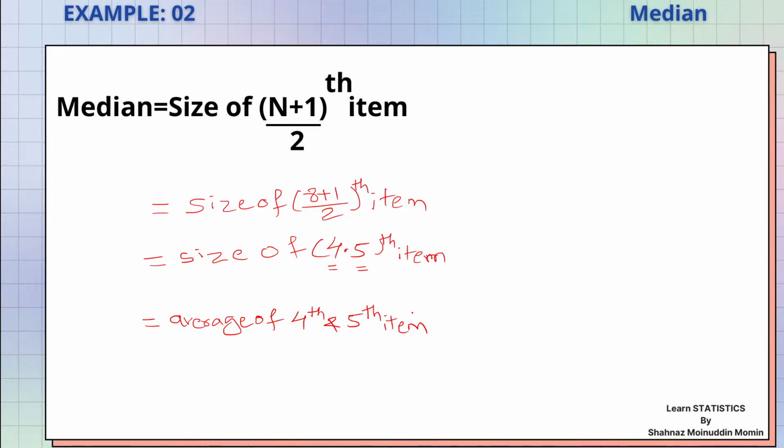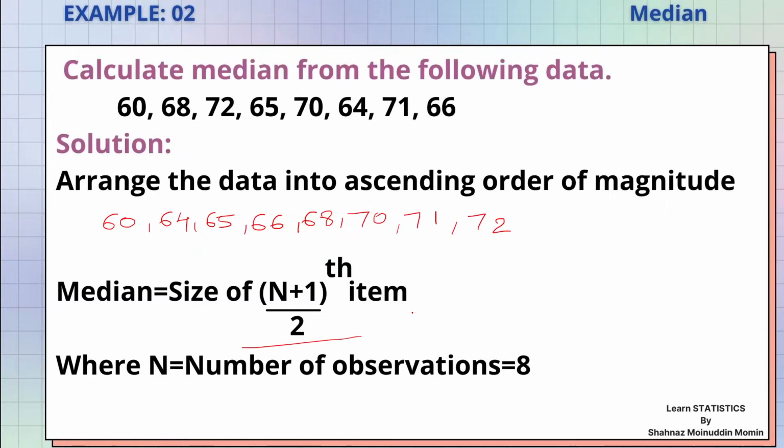Now let us search for the 4th and 5th atom in the arranged data. This is our arranged data in ascending order. The 4th atom is 66 and the 5th one is 68.